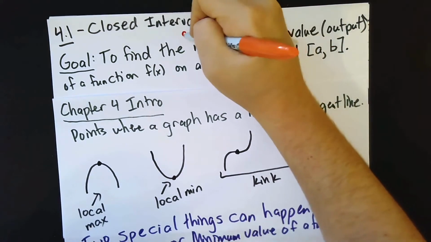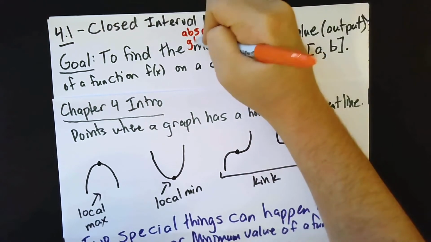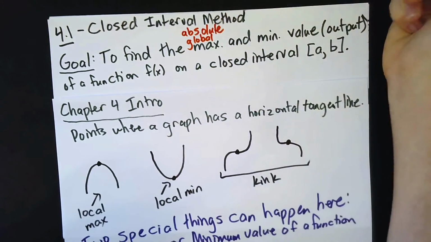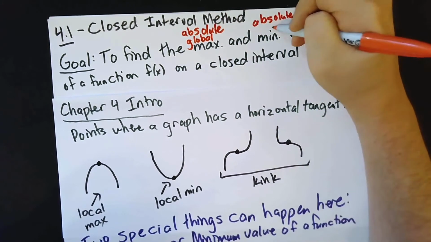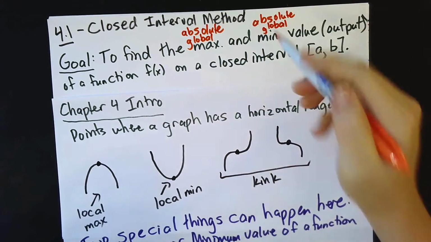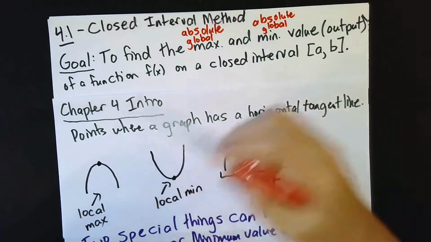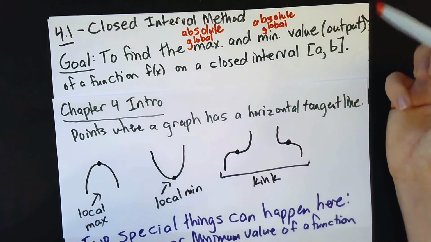I'll also call this the absolute max or the global max, and I will call this the absolute min or the global min. I won't always do that, but if I want to be super clear whether I'm talking about a local max or one of these kinds of maxes, I will do that.